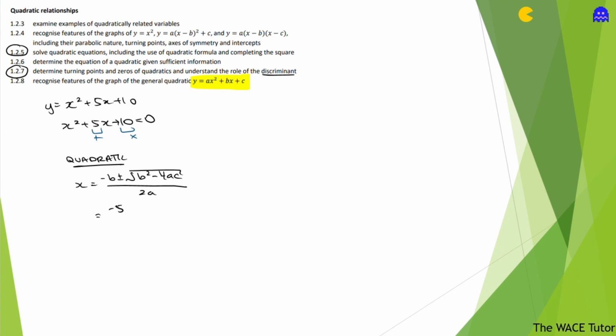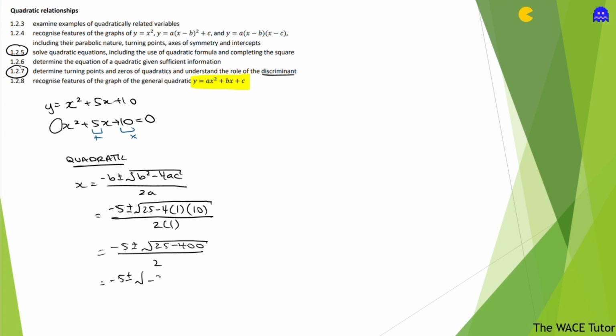So my b is 5, minus 5 plus or minus the square root of b squared, 25, take 4 times 1 times 10, and all of that divided by 2. Okay? And so we have minus 5 plus or minus the square root of 25 minus 40 over 2, which is equal to minus 5 plus or minus the square root of minus 15 divided by 2.